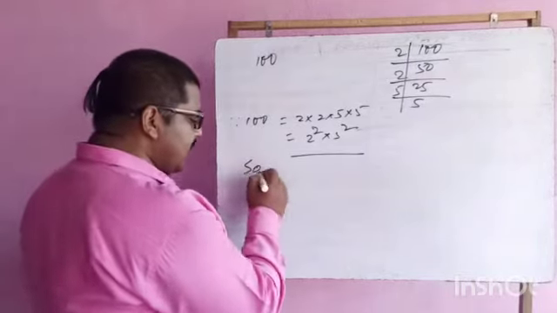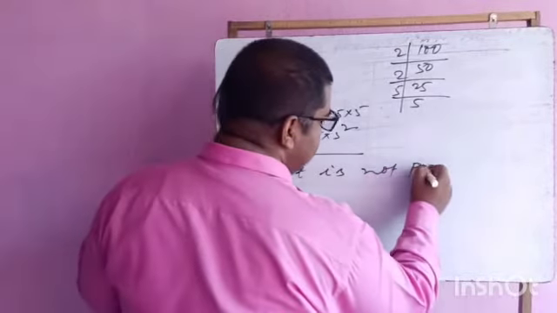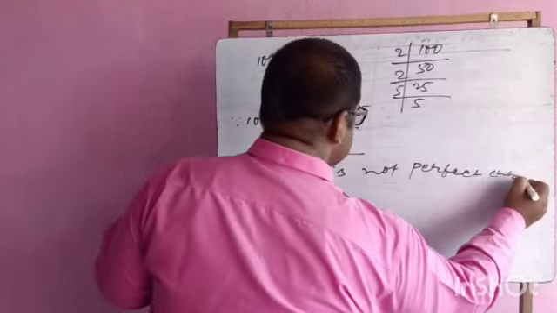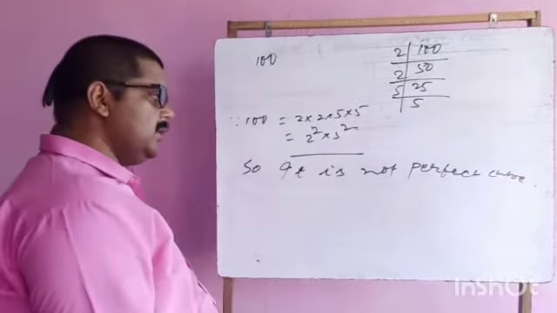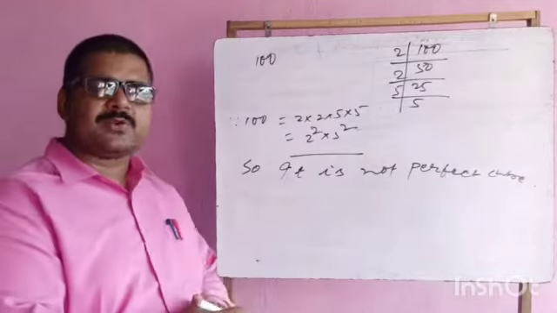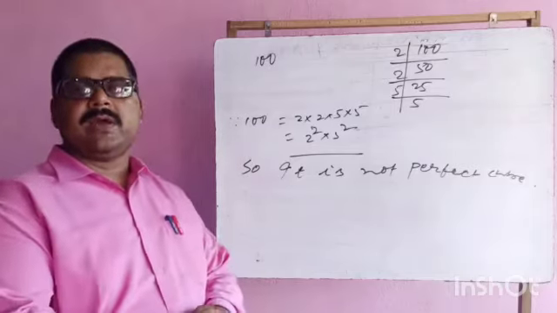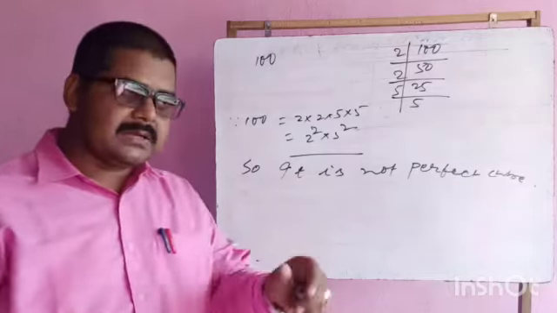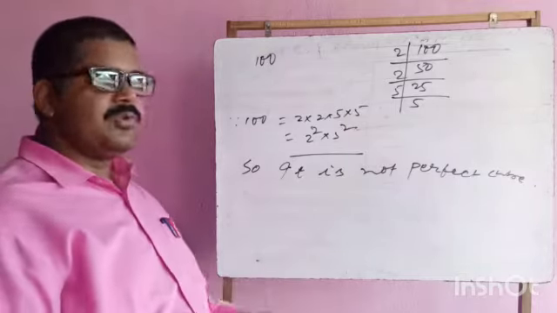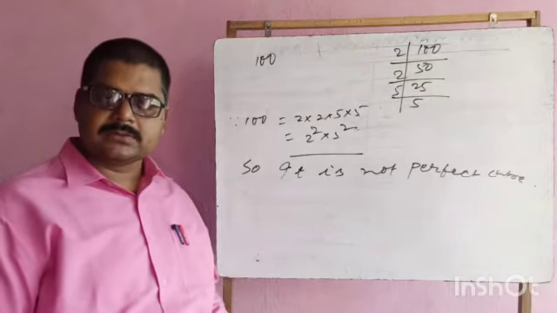So you have to write that it is not a perfect cube. So my dear students, you have to do the factorization, and if all the factors can be represented in the form of cubes, then it is known as a perfect cube. Otherwise there is no chance of it being a perfect cube.